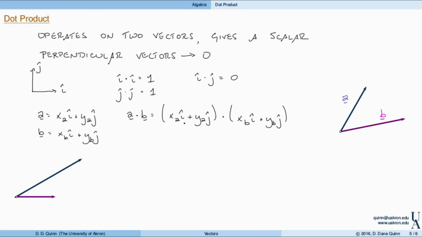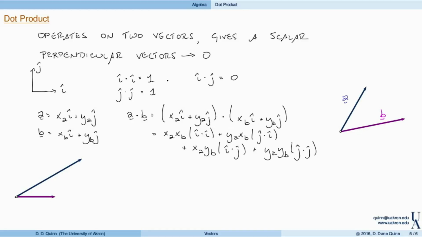So if I expand this out, we have xa times xb times i dot i. Now we have ya xb j dot i. We have xa yb i dot j, and ya yb j dot j.